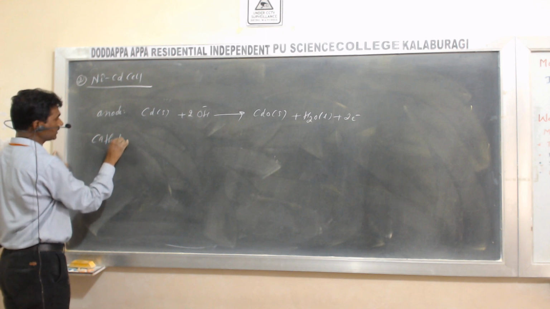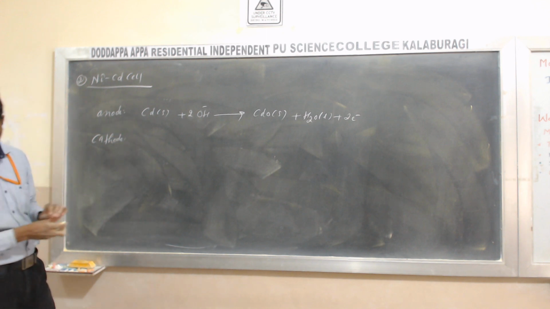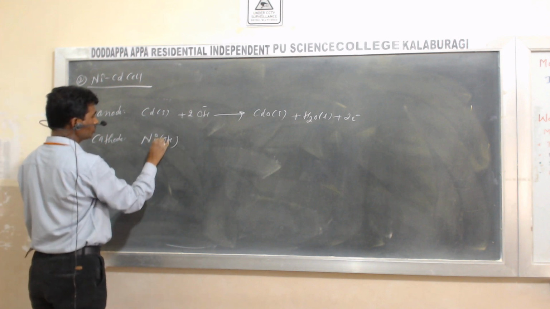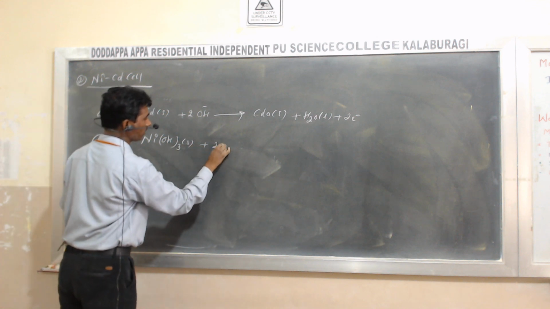The next is the cathode. The cathode is nickel oxide, so you take Ni. This is NiOH3 solid, plus 2 electrons.